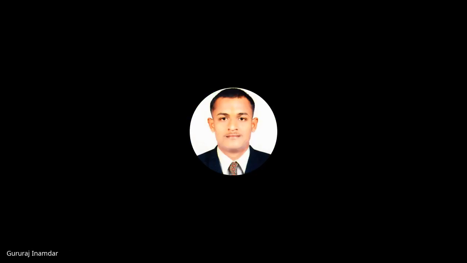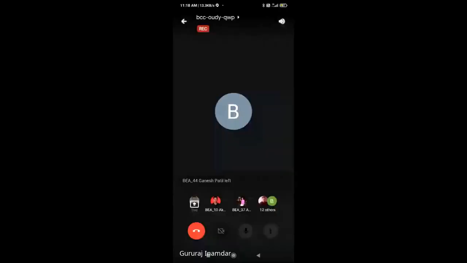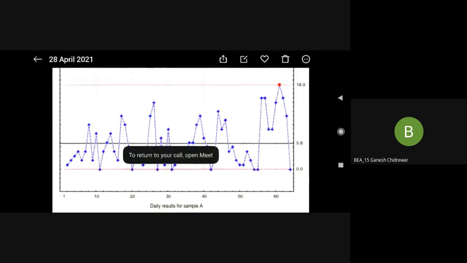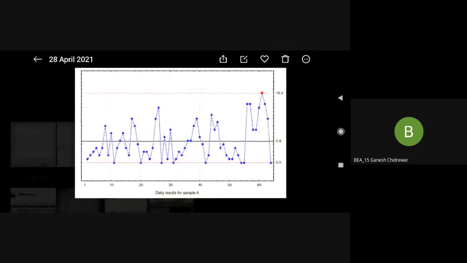I will show that. So this is an R chart diagram.